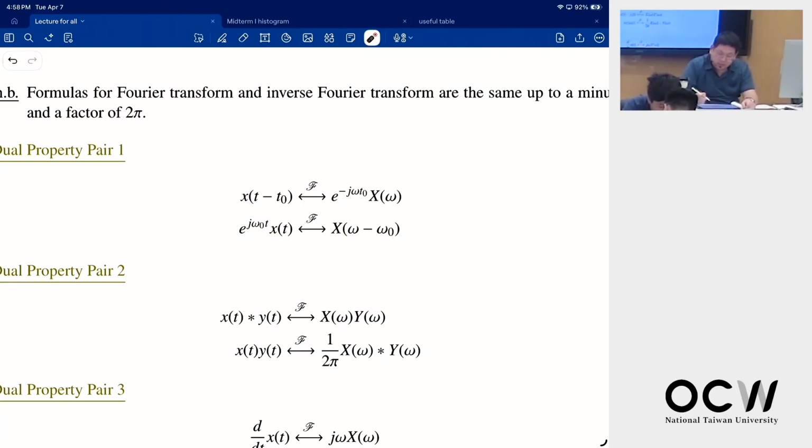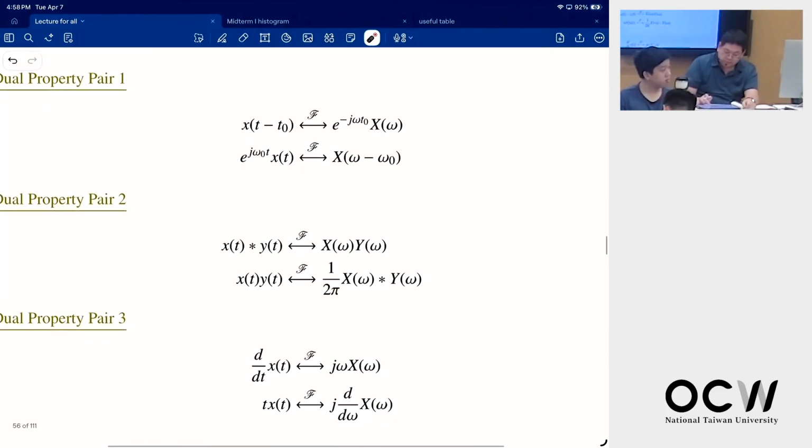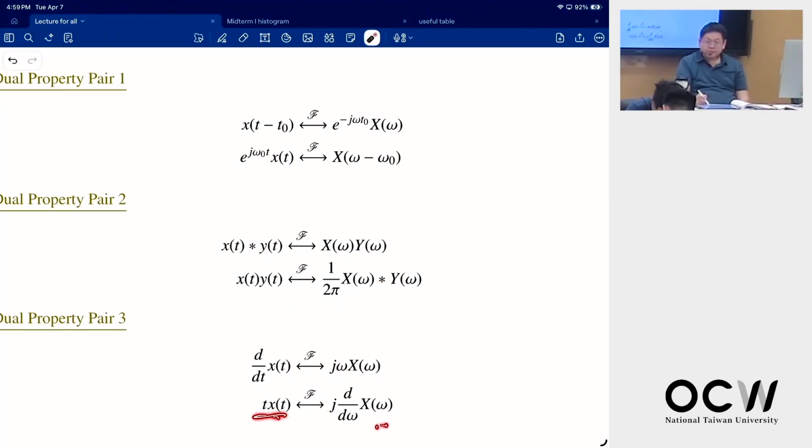The other one is that if I have the convolution in time domain, then in frequency domain I have a multiplication. In other words, if I have a convolution in frequency domain, then I have a multiplication in time domain. The other one is that if I have a differentiation in time domain, then I generate omega in frequency domain. But if I take the differentiation in frequency domain, in time domain I just generate time, t.